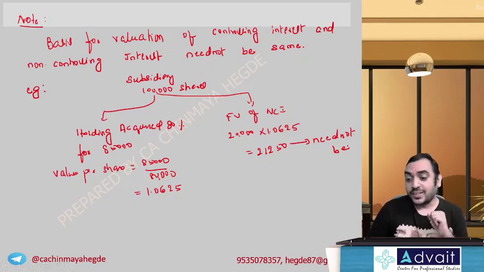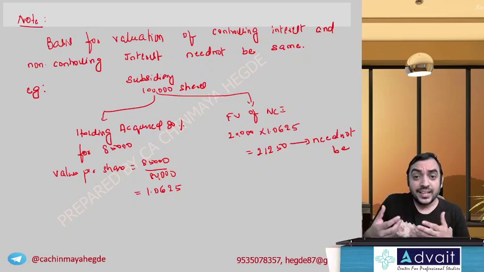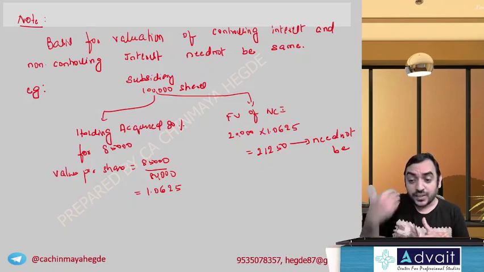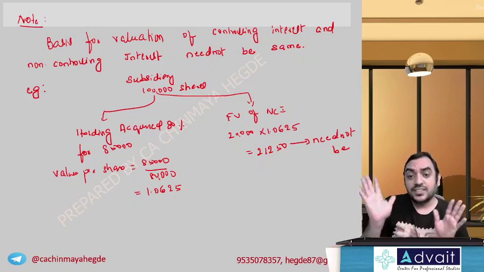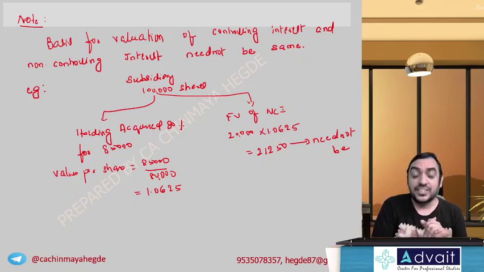Why need it not be the same? Because a person who is intending to get control over the company will value differently. A person whose intention is to just be an investor will pay a different price.